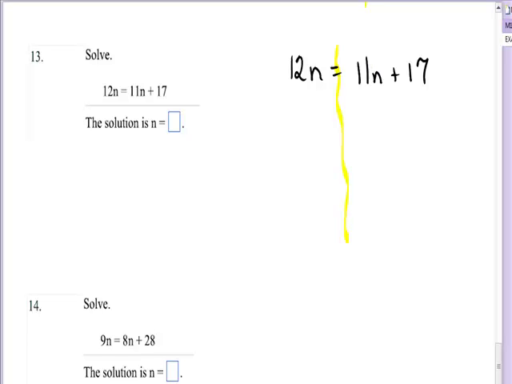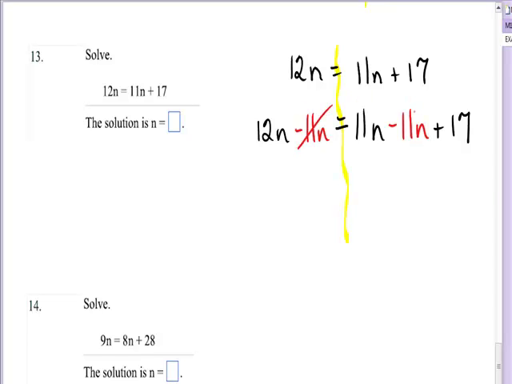Your choice. I'm going to get rid of the smaller one. To get rid of 11n, I would need to subtract 11n, but I still have a plus 17 over there. So if I subtracted 11n from the right, I will need to subtract 11n from the left.